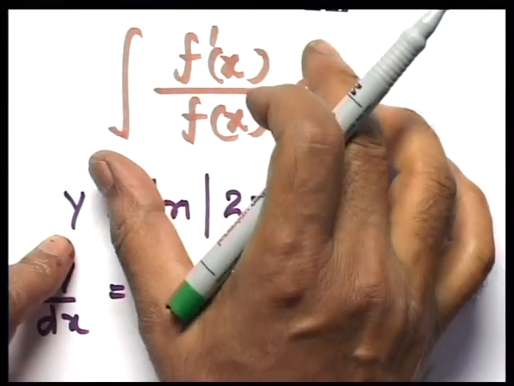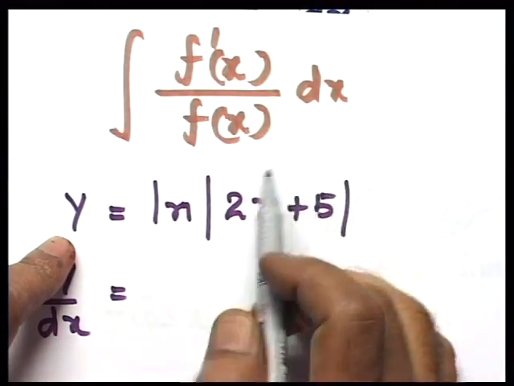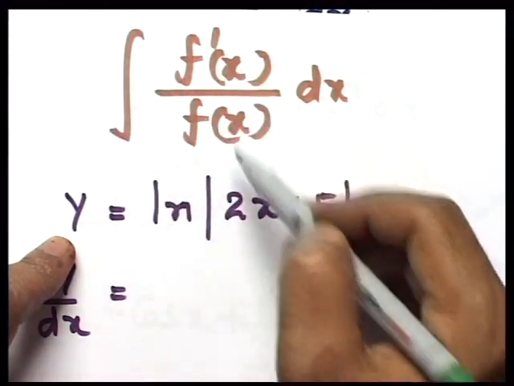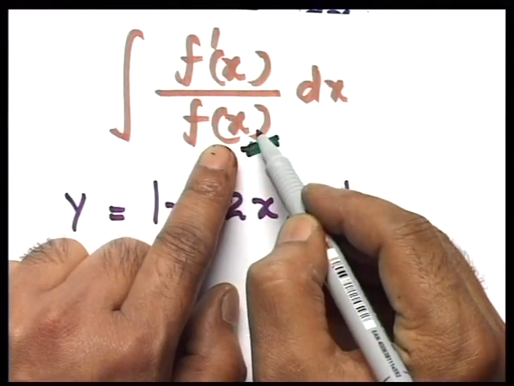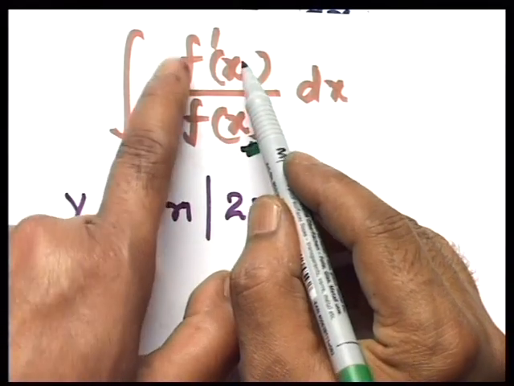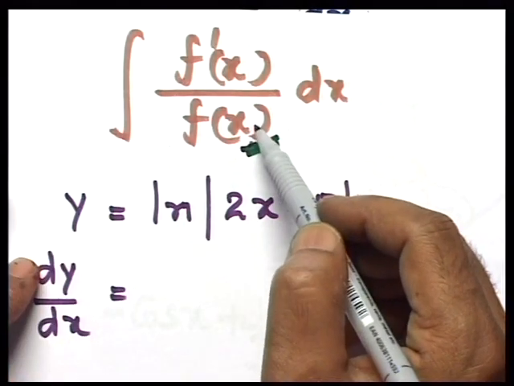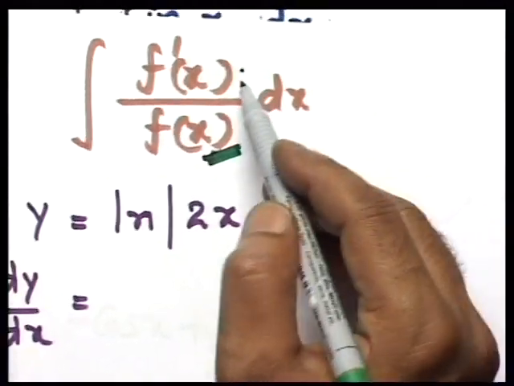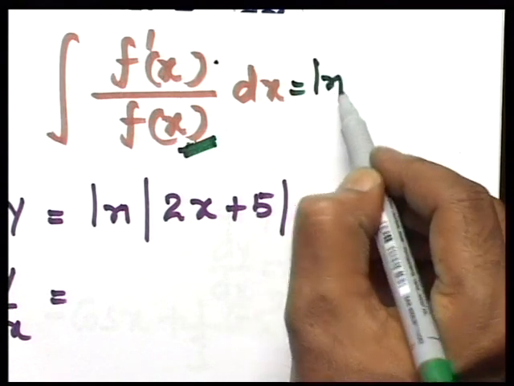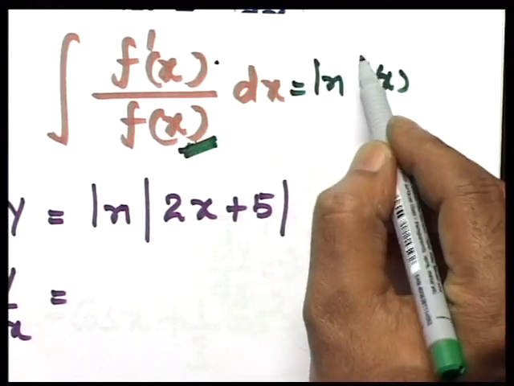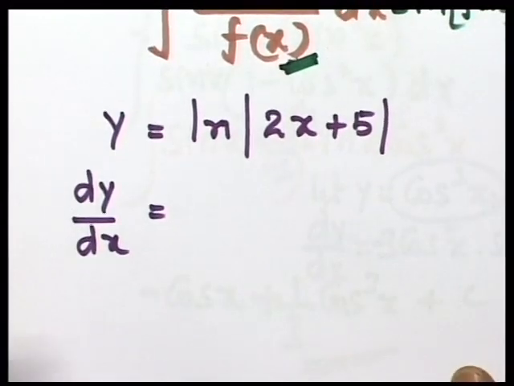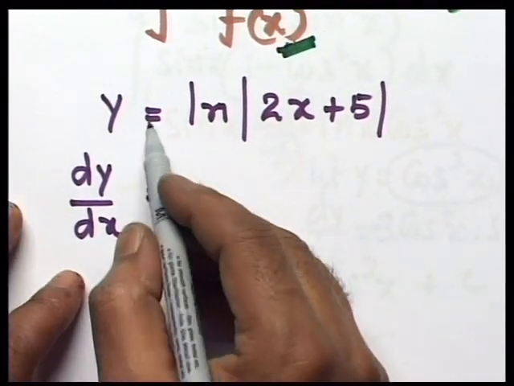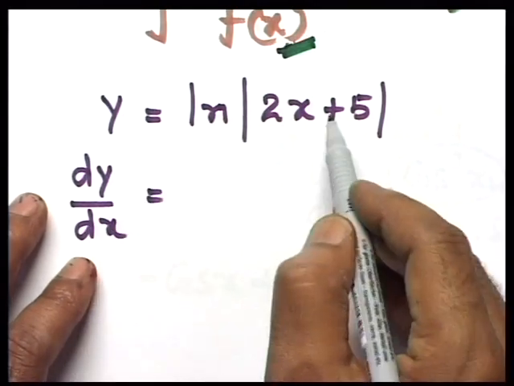So what is happening here is, your question will have a fraction. If you differentiate the denominator, maybe you get the numerator. Then your answer is natural log function x. That's what they said. Is it correct or not? We find out using our own style. There is a question here now, y equals ln of 2x plus 5.